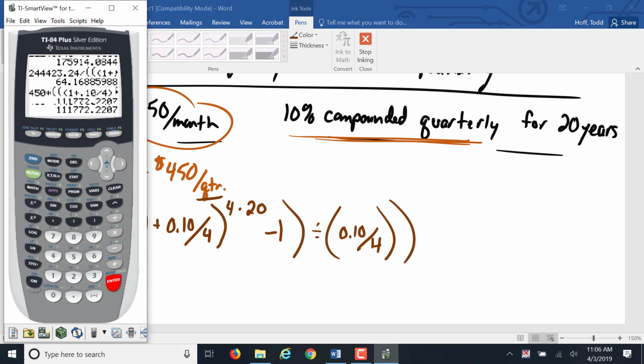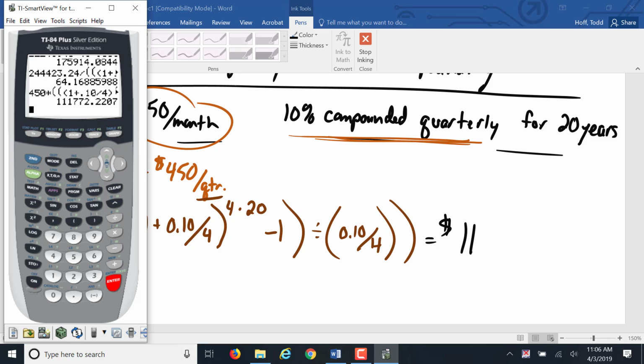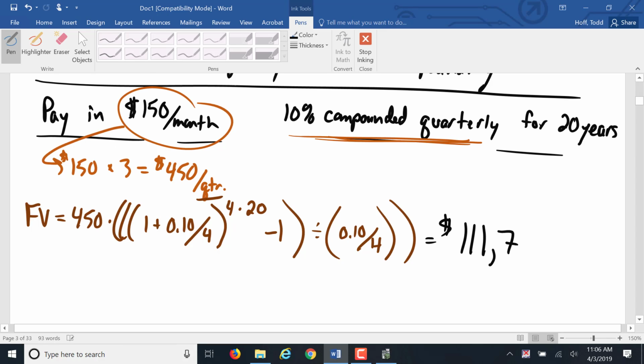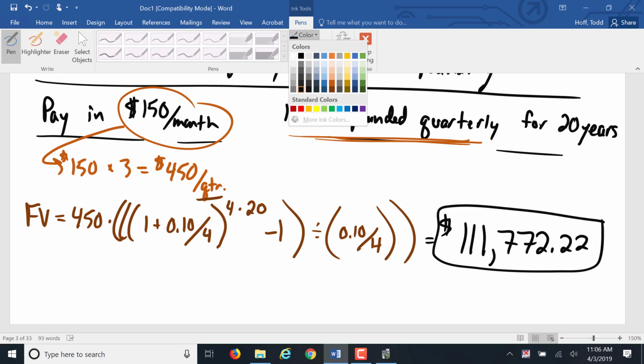So we get that at the end of that time frame, we would have $111,772.22 after 20 years.